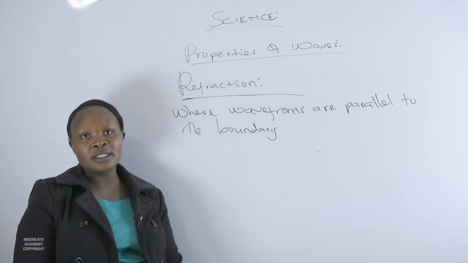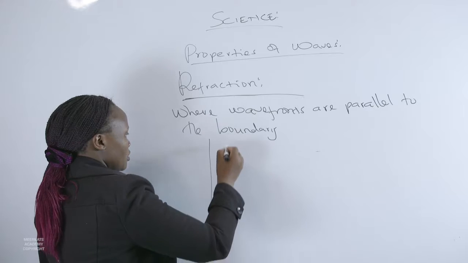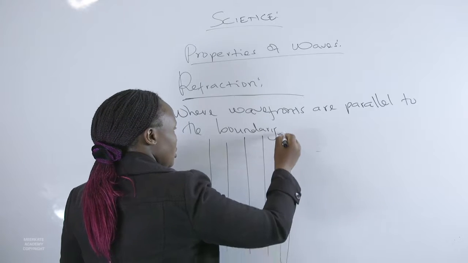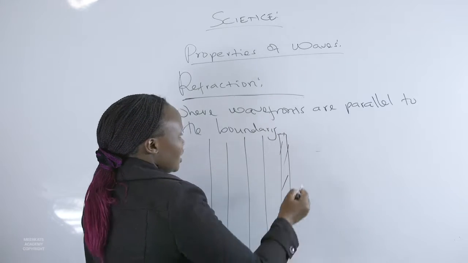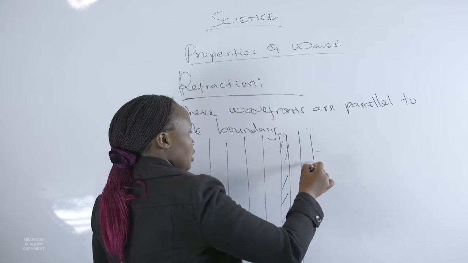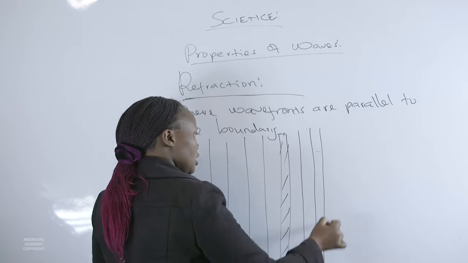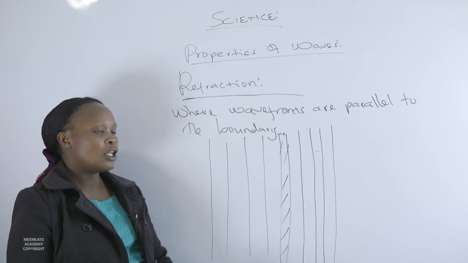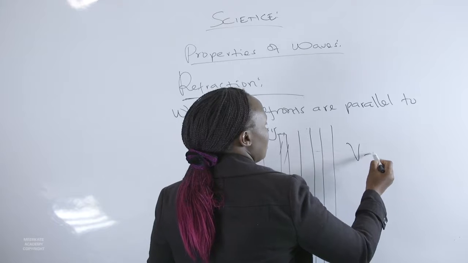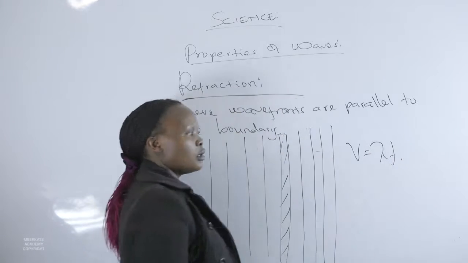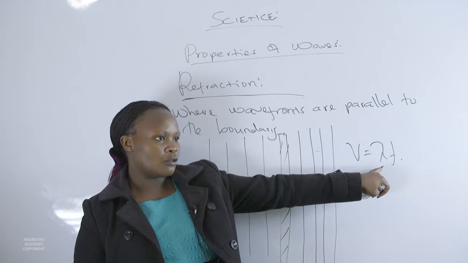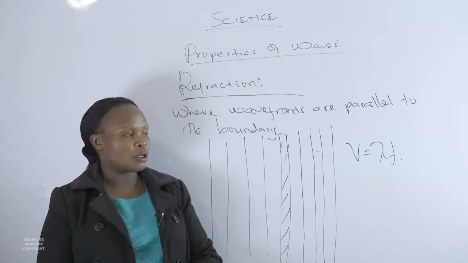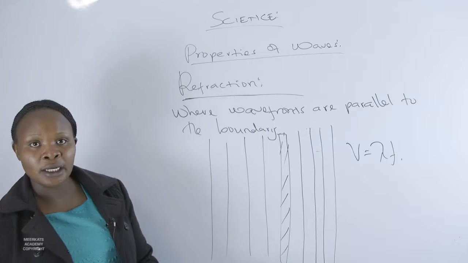The case we have just discussed is when our wavefronts are parallel to our boundary, so that when they bend, what is evident is the reduction in wavelength, which we have attributed to the reduction in speed and subsequently the wavelength, according to the relationship speed as a product of wavelength and frequency, bearing in mind that the frequency of our waves will always be constant.